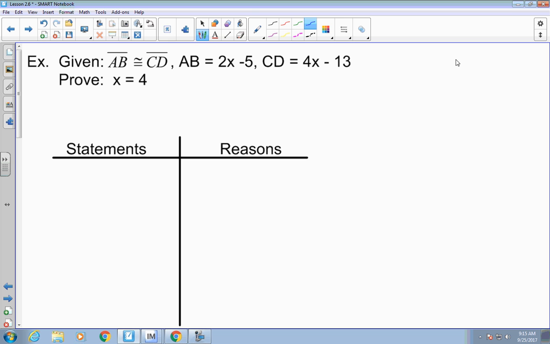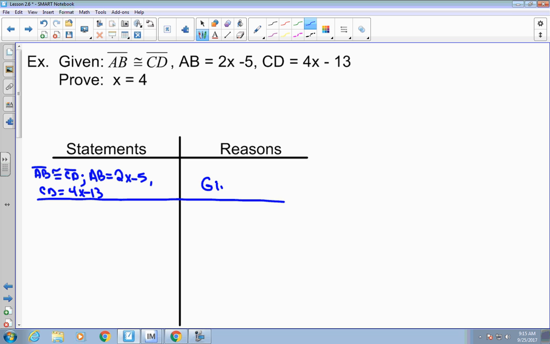So we're going to start with our given. AB is congruent to CD. AB equals 2x minus 5, and CD equals 4x minus 13. That's given.